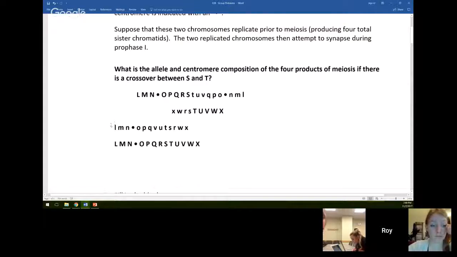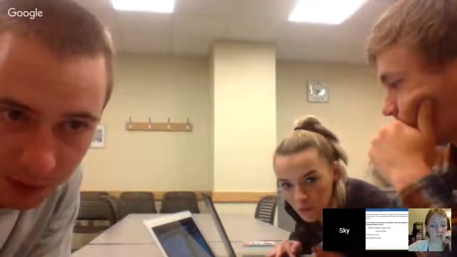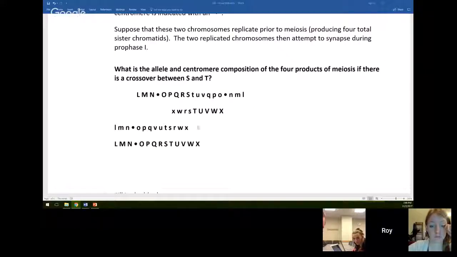Both those top two are missing alleles. And then you end up with the 2 that you started with, the inversion chromosome, which is LMN, then centromere OPQVUS or VUTSRWX, then LMN centromere OPQRSTUVWX.